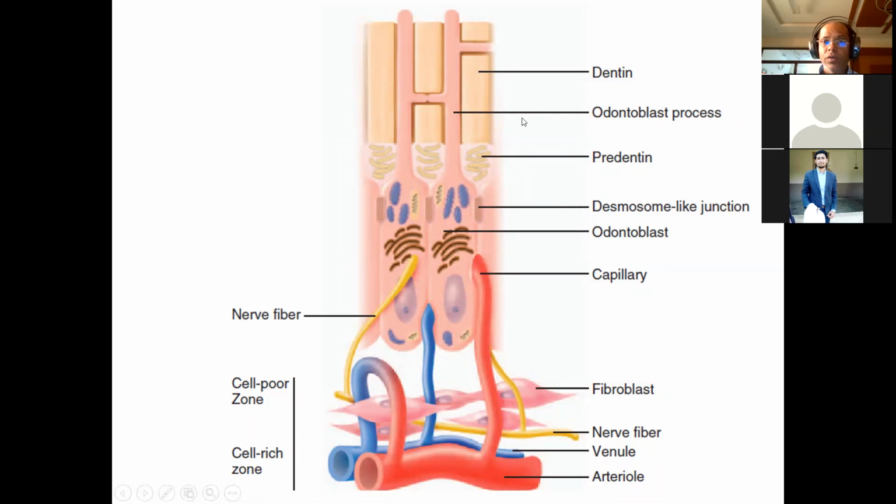Here you can see the body of the odontoblast cells present very close, and their extension is present inside the dentine, what we call the odontoblast process. The nerve fibers are close to the body of the odontoblast cells. There is a cell-free zone, then a cell-rich zone with the other cells, and the nerves and blood vessels are present at the core of the pulp.